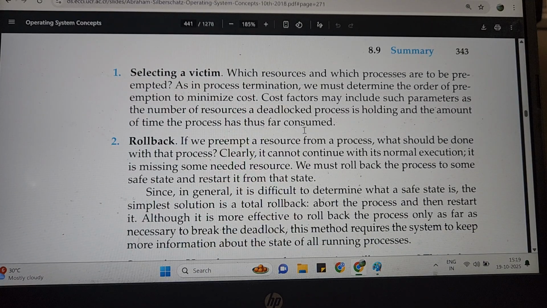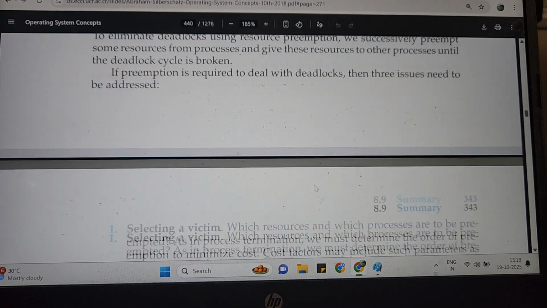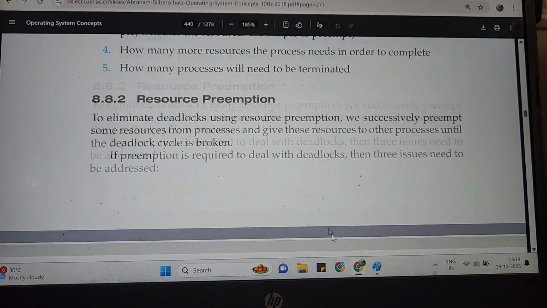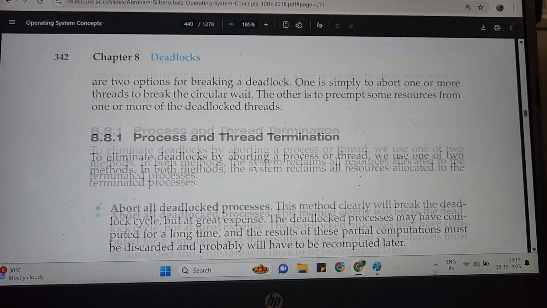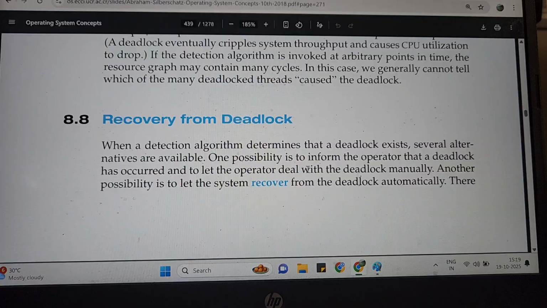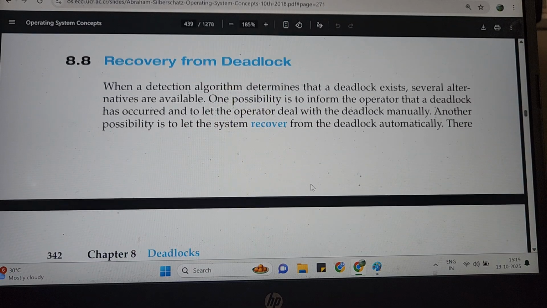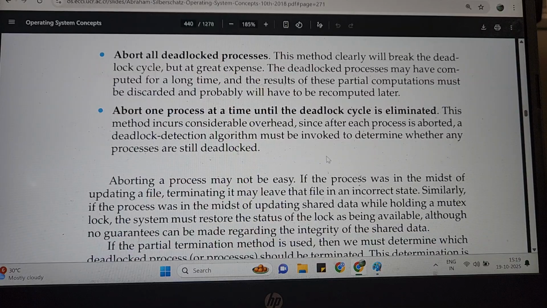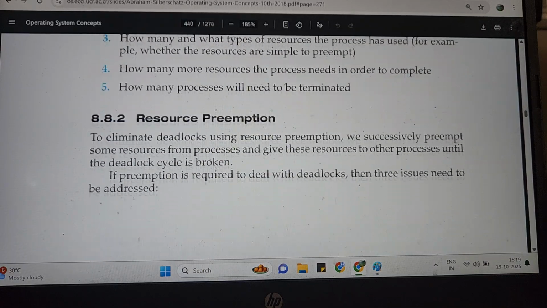Should that be temporarily saved somewhere? Those kinds of questions also need to be answered. So I'm not saying preemption is a bad idea or a good idea. All I'm trying to drive home is that whatever you choose to do to recover from a deadlock once it has happened, there are going to be some overheads, some prices to pay, some things to think about.